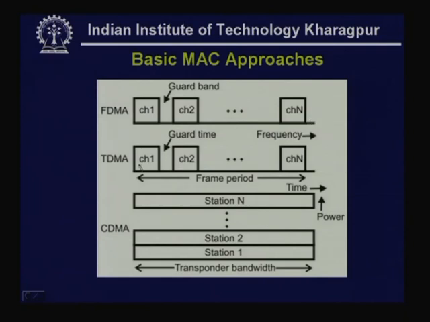However, when TDMA technique is used, you have to do synchronization, because different channels can be used in different time slots for communication, and there can be collision if two ground stations send signals simultaneously. So, synchronization is necessary, and there is a possibility of collision in TDMA, but that can be resolved.